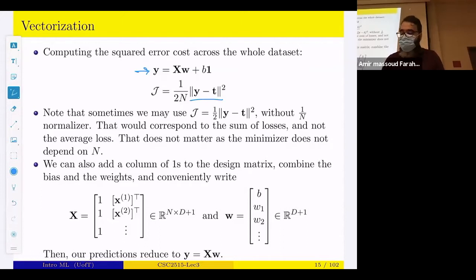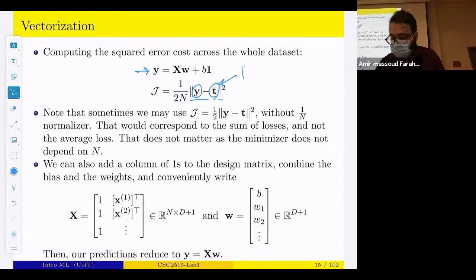So, just a question to make sure that we're on the same page: what's the dimension of y if you have n data points? It would be n by 1, an n-dimensional vector. The same for t. And so this is a norm defined in Rn, right?